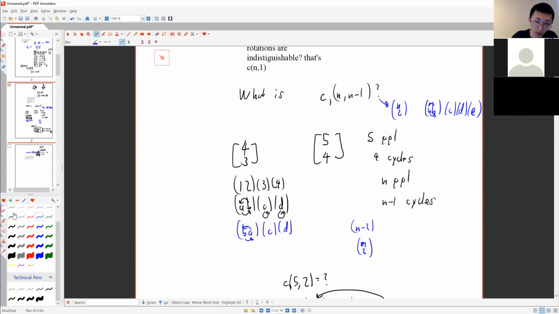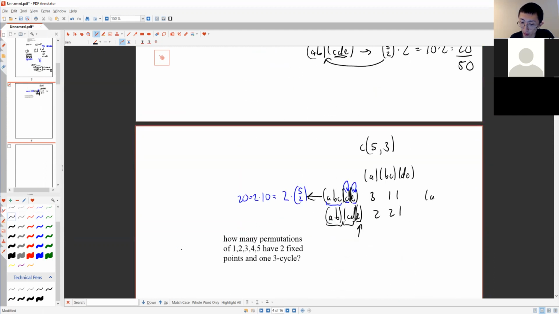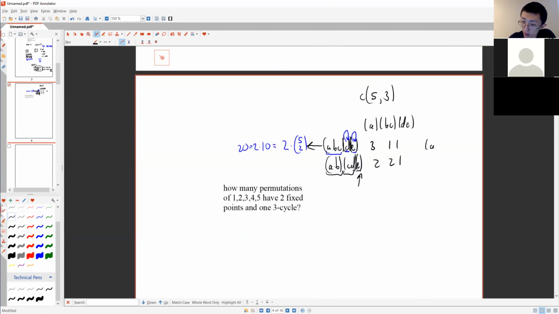So let's see. I can choose the fixed point in 5 different ways. And then I have 2 cycles of length 2. Wherever A is, there's 3 ways to choose the neighbor of A. So that's 15 ways.